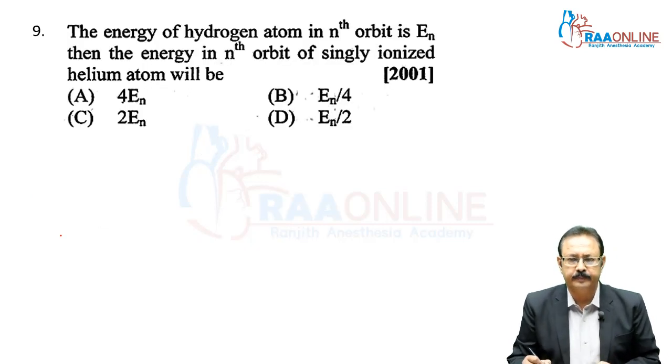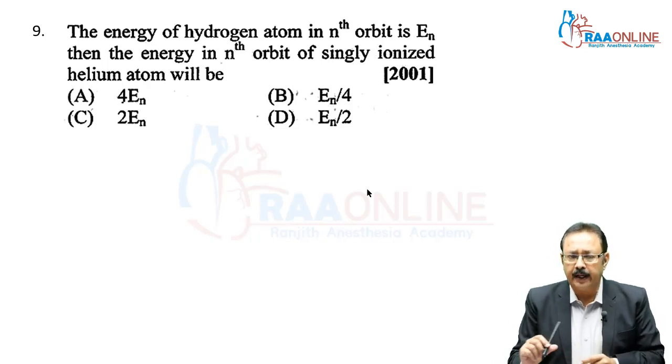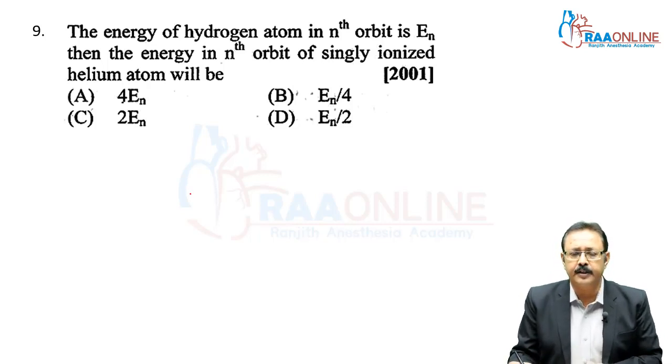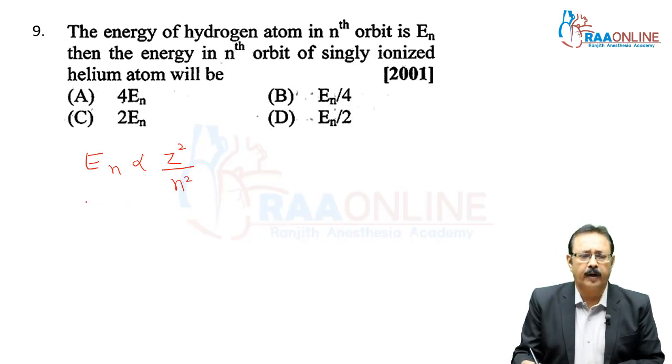So now we are doing the 9th problem. The energy of hydrogen atom in the nth orbit is En. The energy in the nth orbit of singly ionized helium atom will be, since energy is directly proportional to z square by n square. For hydrogen atom, z is 1, so it is K by n square.